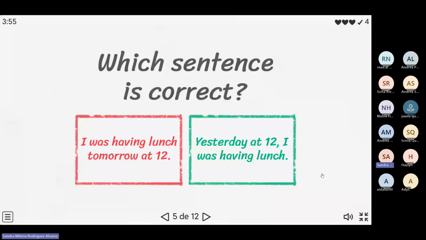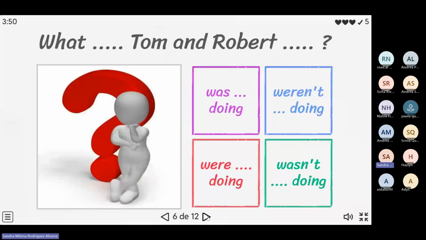Yesterday at 12 I was having lunch. Very good. What were Tom and Robert doing?